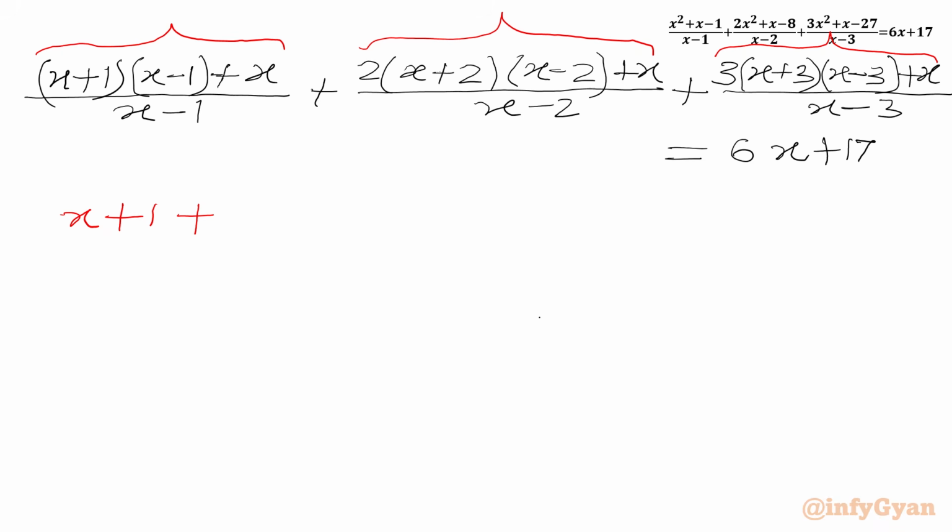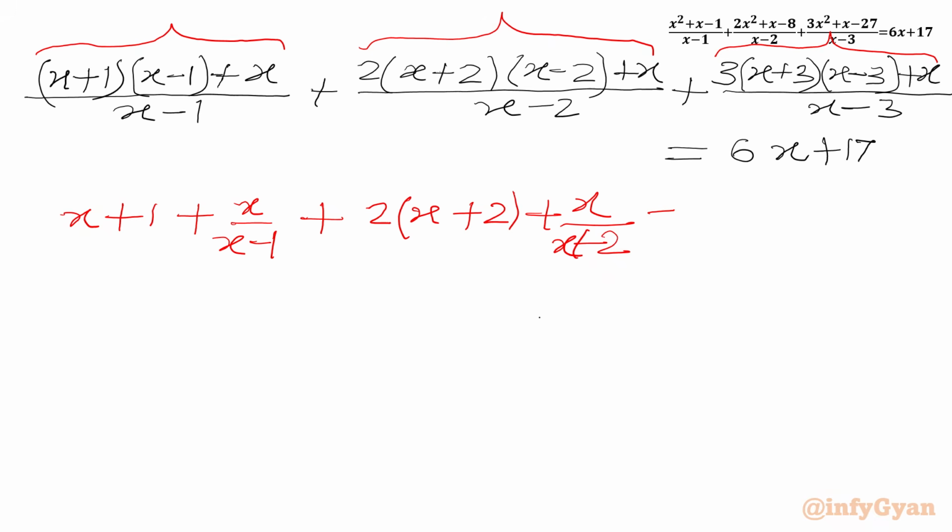Then we have plus x over x minus 1, plus 2 times x plus 2 times x minus 2 over x minus 2, which will cancel x minus 2 from the numerator and denominator. We will get 2 times x plus 2 plus x over x minus 2. Similarly, we will get 3 times x plus 3 plus x over x minus 3. This must be equal to 6x plus 17.